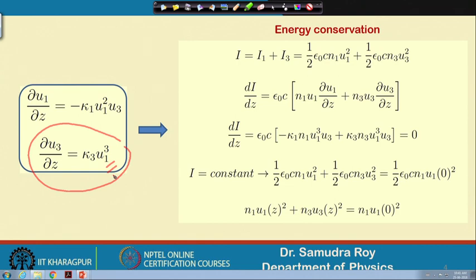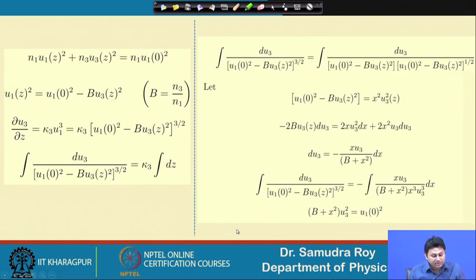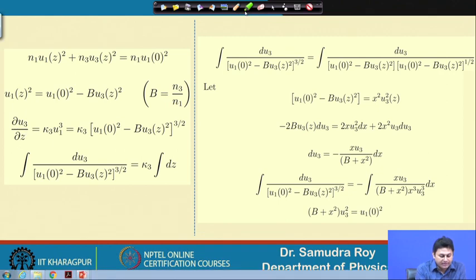So, we are decoupling it, and for this decoupling I use this relation. del u3 del z is equal to kappa 3 u1 cube, and just above we wrote u1 in terms of u3. So, if I replace u1, we will have u1 0, which is a constant term, minus b u3 square whole to the power 3 by 2.